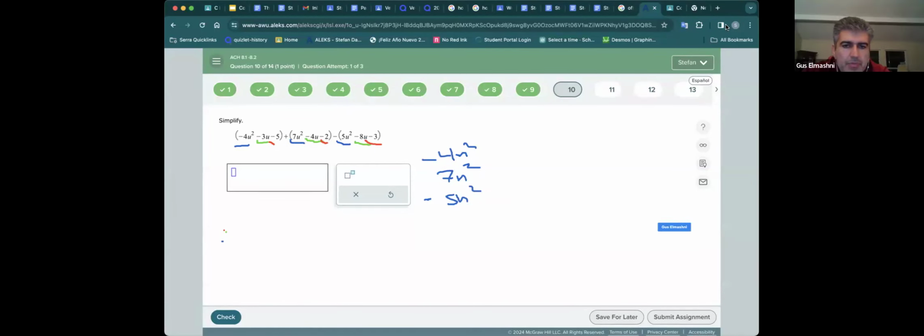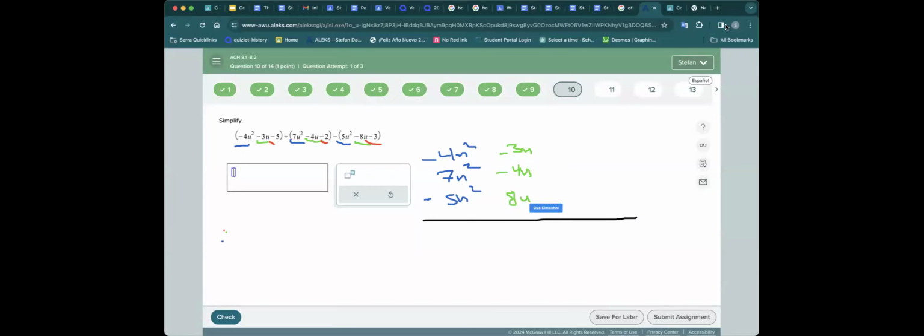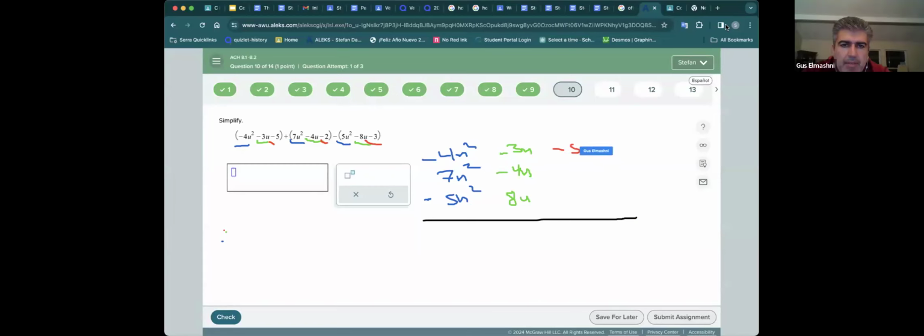Then you have negative 3u, negative 4u, and you have negative and negative, it becomes a positive 8u. Then stack the reds. Negative 5, negative 2, and negative negative is a positive 3.